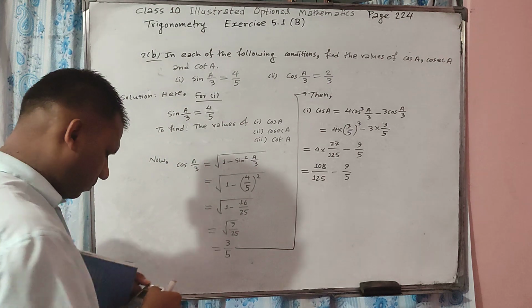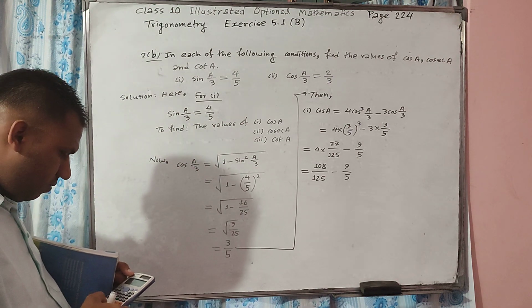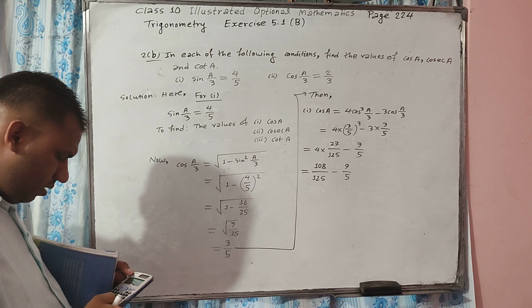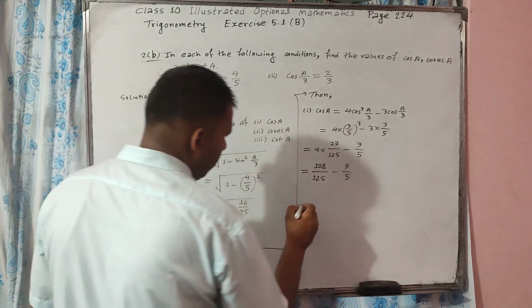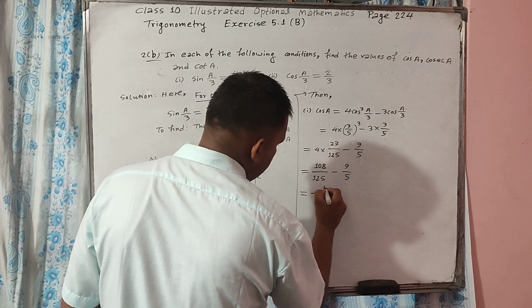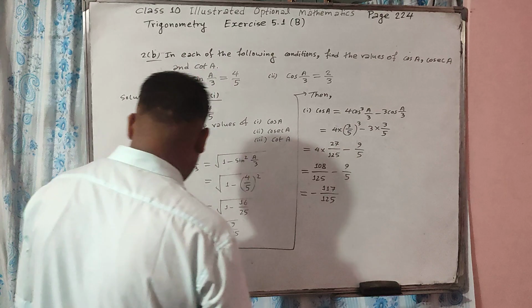Now this equals 108 by 125 minus 9 by 5, that is minus 117 upon 125.